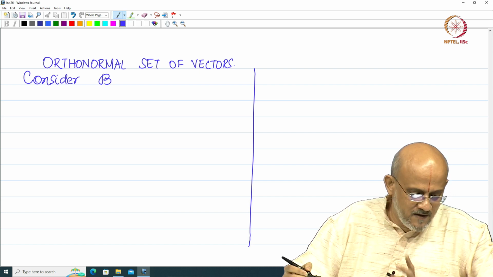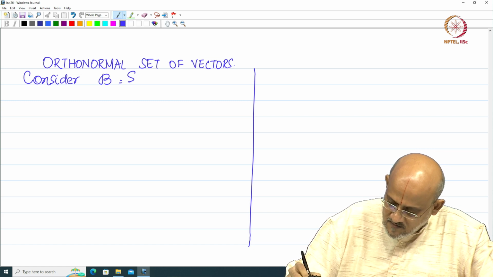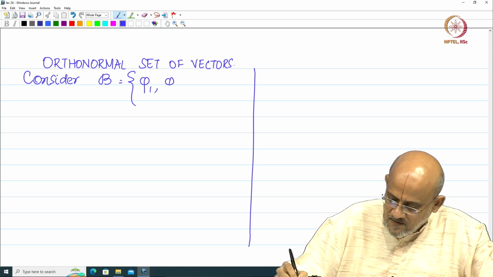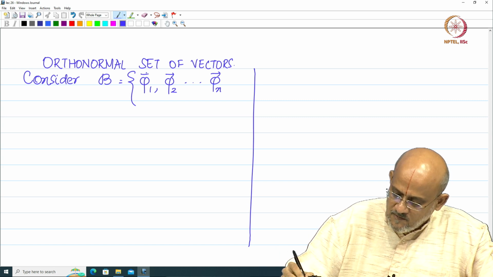Let us have B, which is a set of orthonormal vectors phi 1, phi 2, etcetera, phi n, all of them orthonormal. What do we mean by orthonormal?